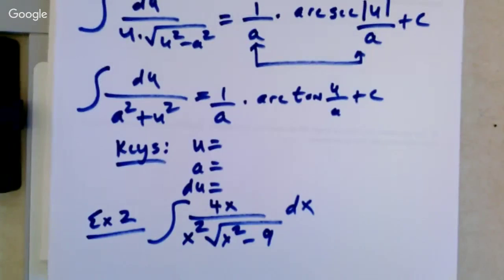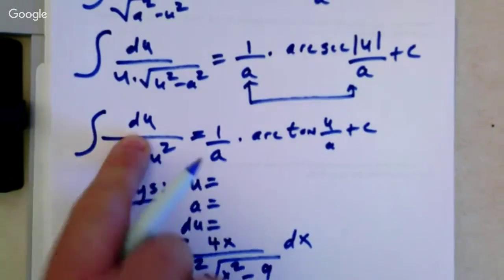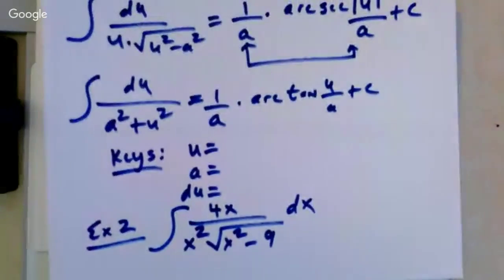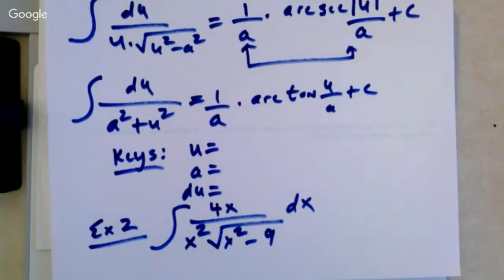Absolutely, because remember, all of those have a du on top. So you have to make sure whatever u is, you have its derivative on top. How do you find out what u is? That is going to involve some guessing and checking. You're going to try what u is first.